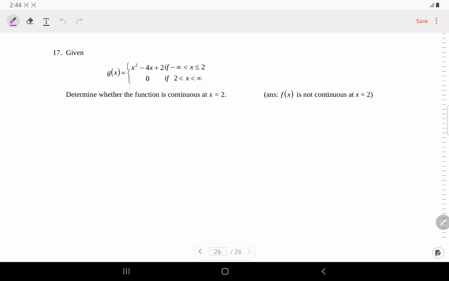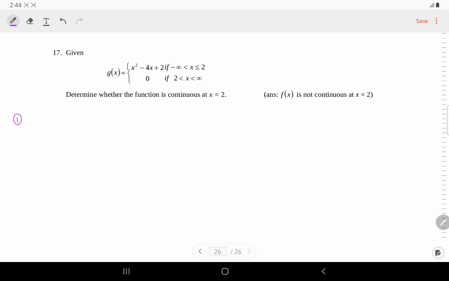We need to do the first condition, and if the first condition is fulfilled, we proceed with the second condition, and if the second condition is fulfilled, we proceed with the third condition, and so on. So we do the first condition first. The first condition states that f(a) is defined.